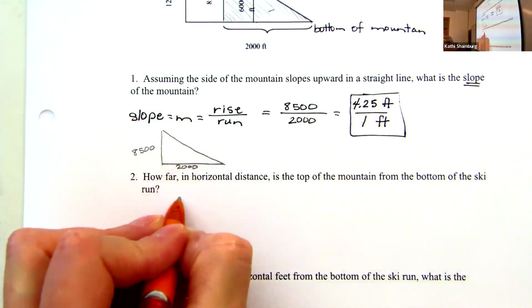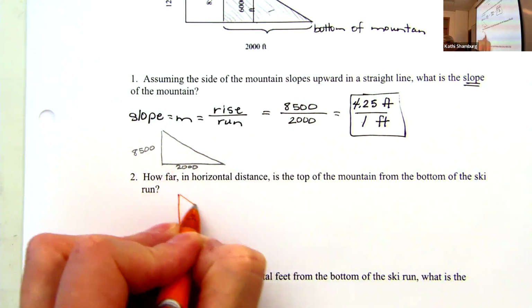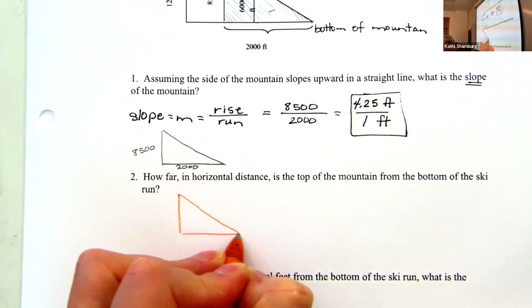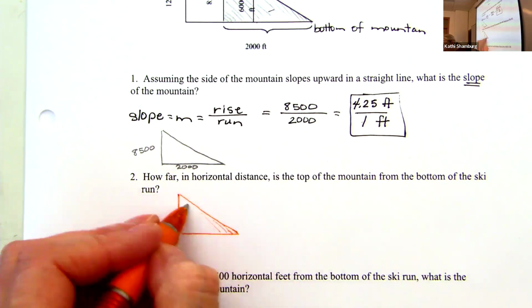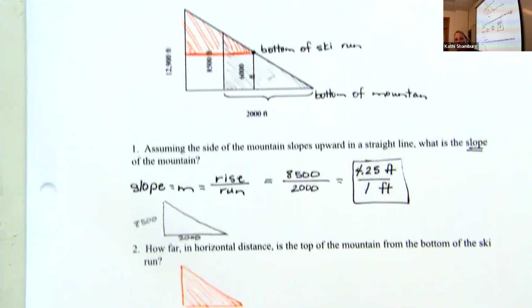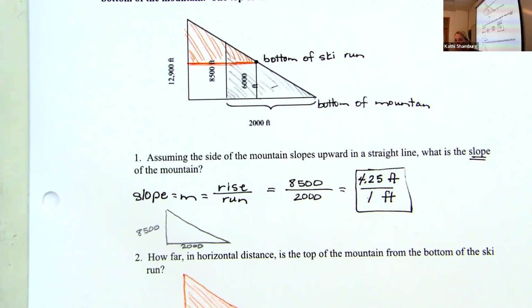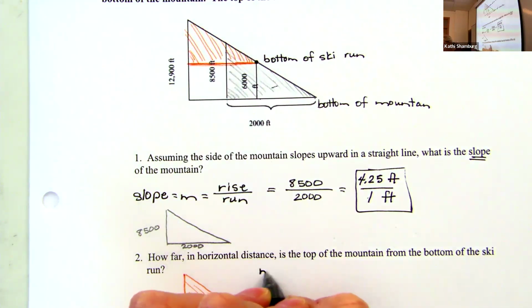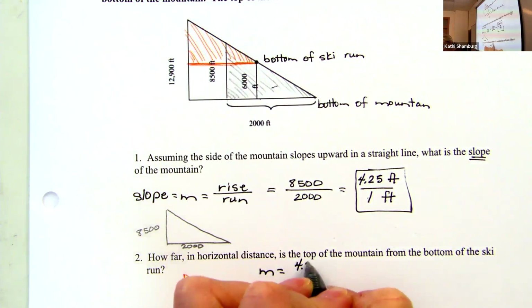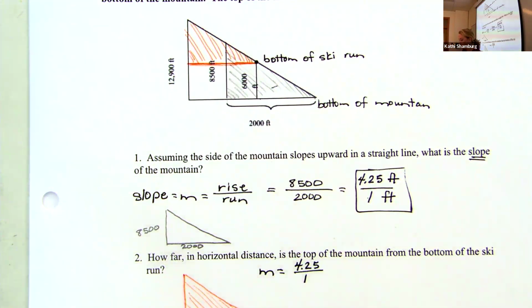So let me draw that. All right, so here's my orange up there. What information do I have about, or can I find about that triangle? What do I know about it? Slope. We just calculated the slope, right? So I know the slope is 4.25 over 1.